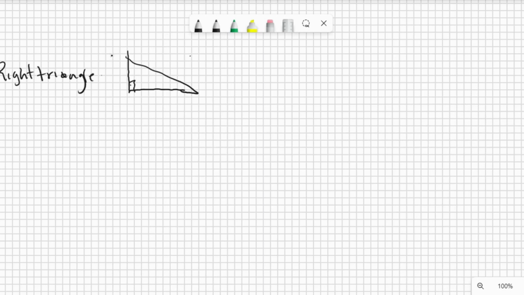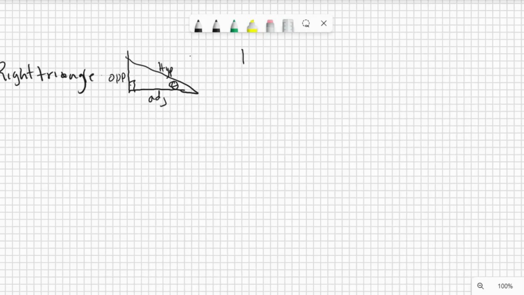Okay, so we have A, B, C. If this is my angle theta here, for this angle theta, this side is called opposite. For this angle, this is called adjacent. Hypotenuse is always the longest side, so it never changes. It's opposite to 90°. So opposite and adjacent always depend on the angle.